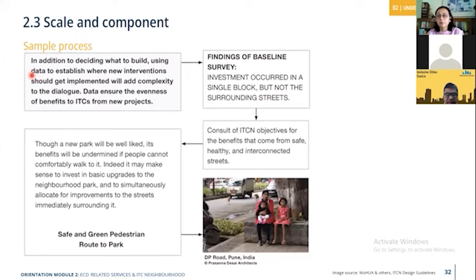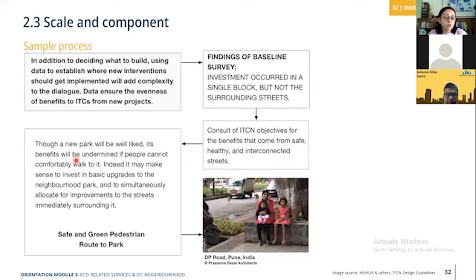Here we will take a deeper look at data, why it is important and what kind of data is required. So if the survey shows that there is a single block but a lot of streets, how do you go about it? Here you will understand that this space needs safe and healthy interconnected streets.